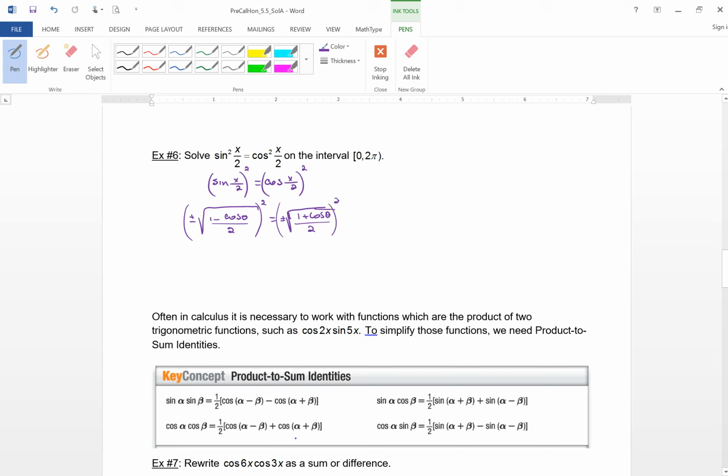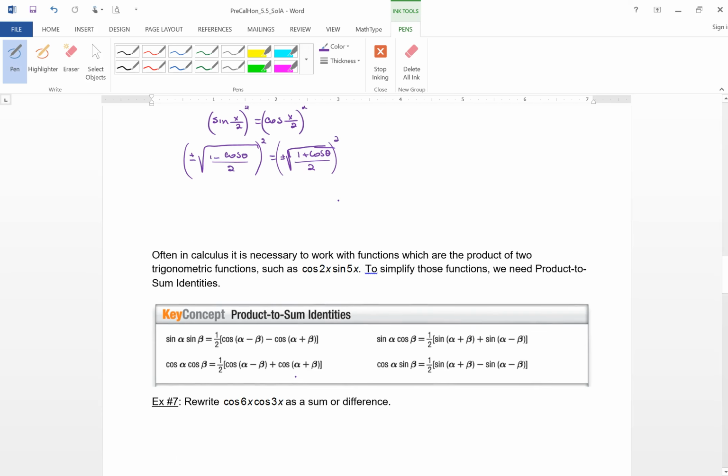Now, the square does two things. It gets rid of the square root and it gets rid of the plus or minus, because when you're squaring, everything is automatically positive, so the plus or minus is irrelevant. So now you have (1 minus cosine theta) over 2 equals (1 plus cosine theta) over 2, and that's just an uninteresting little equation, right?